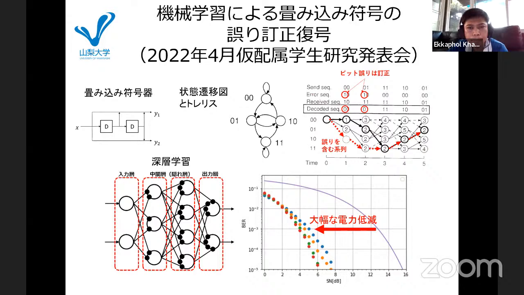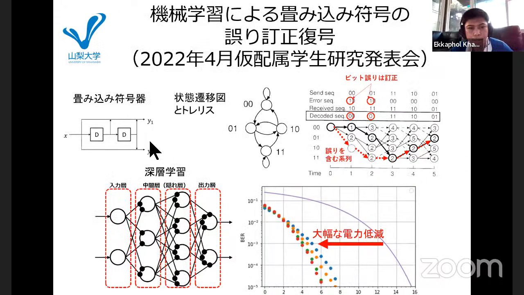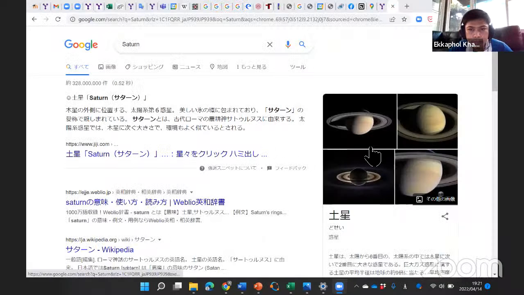Earth, Mars, no, not Mars. I can't remember the name. Could you type? Just wait. Saturn. 1977. Saturn. This one. Oh, no, you can see. I see. This one. Saturn. Saturn Explorer.